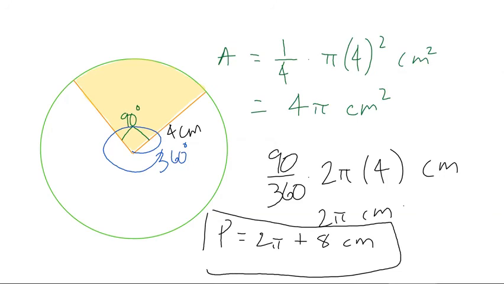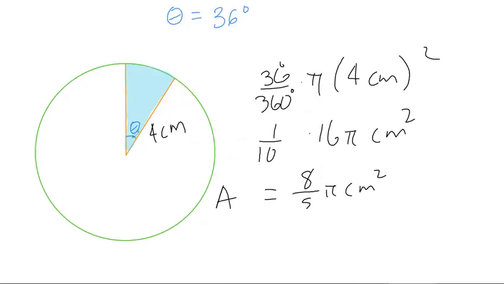Now let's try using that same reasoning for this perimeter. The perimeter here would just be 36 out of 360, which we already said is 1/10, times 2 pi r, 2 times pi times the radius, which is 4, plus 2 times 4, the 2 radii.